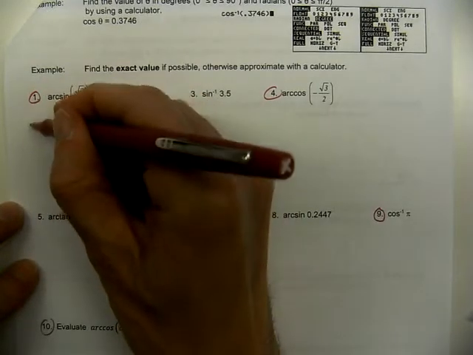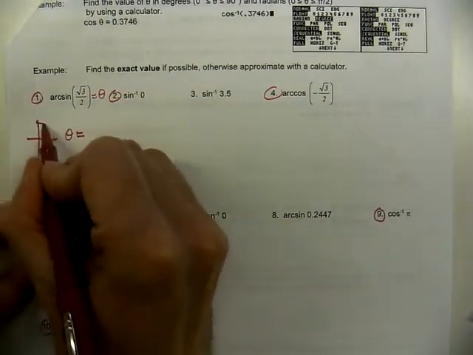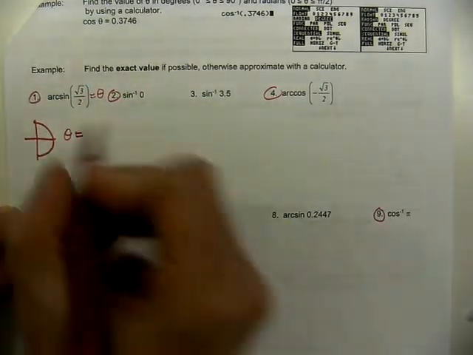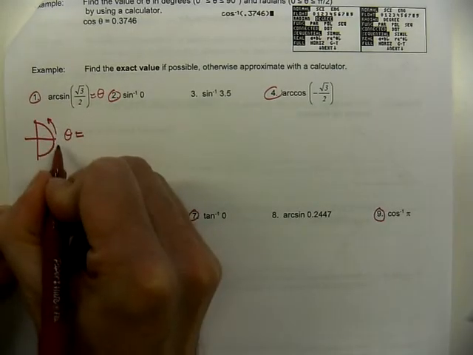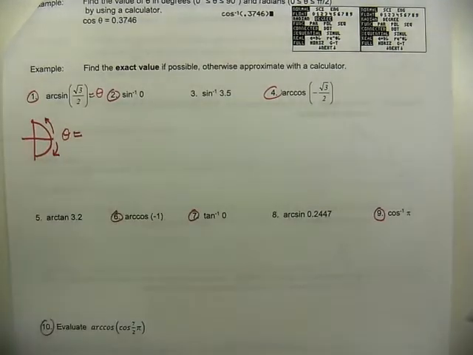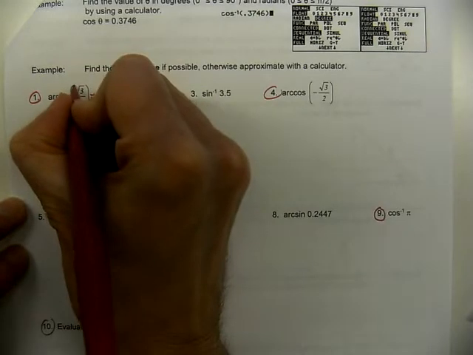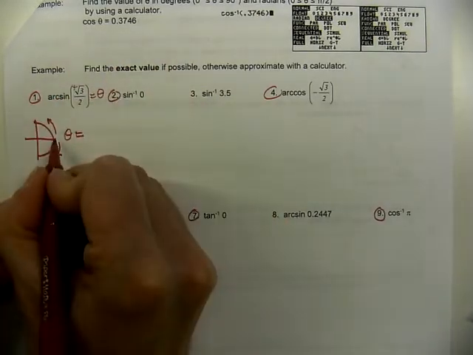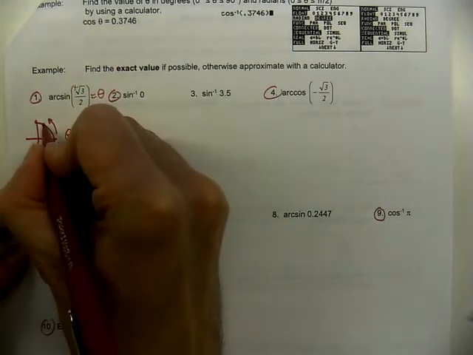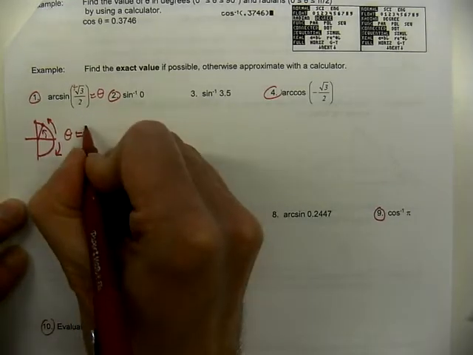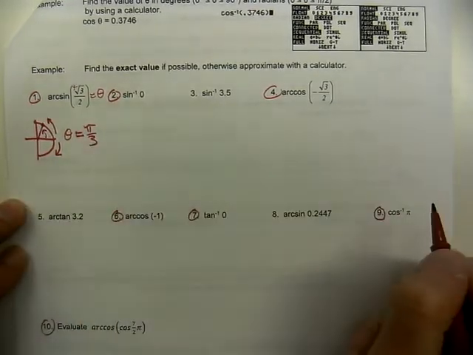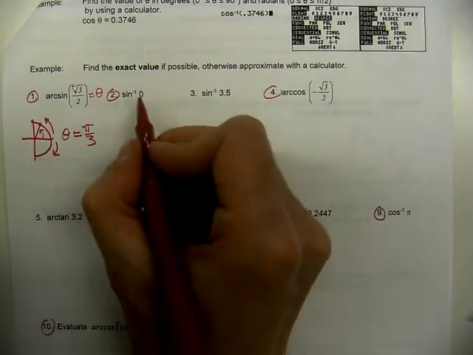Remember that with arc sine, you're only allowed to use quadrants 1 and 4 on the unit circle. So we can rotate this way to quadrant 1 or clockwise to quadrant 4. This is a positive y-coordinate, so that means we're rotating here. That's our angle of rotation. That's pi over 3.